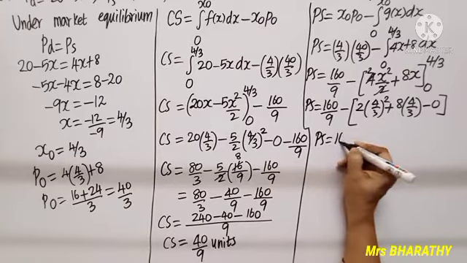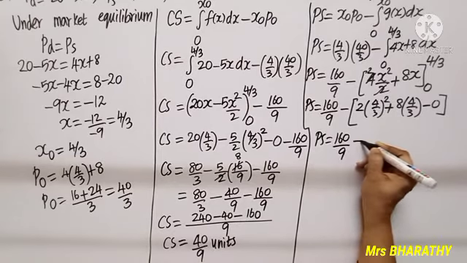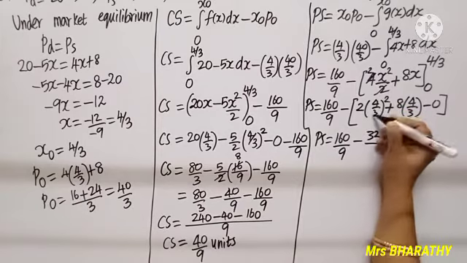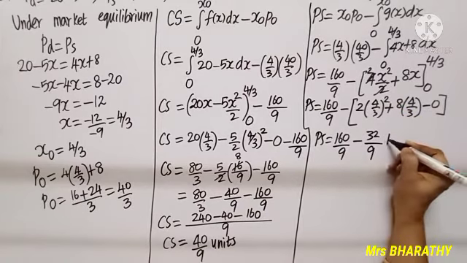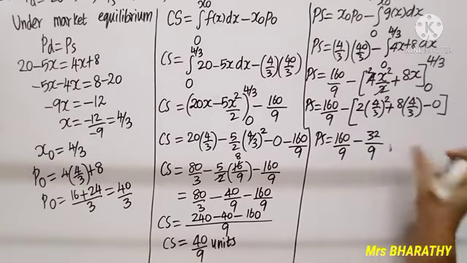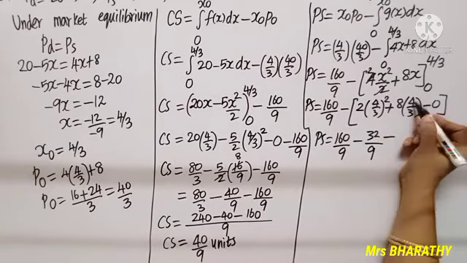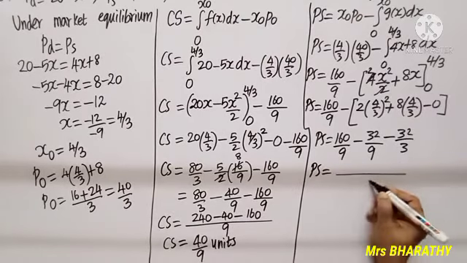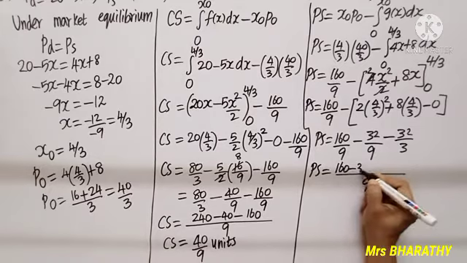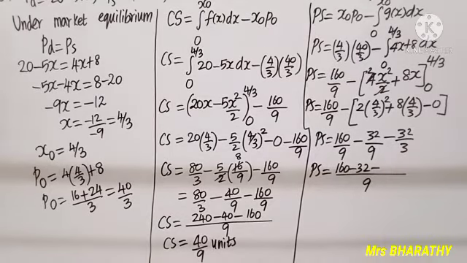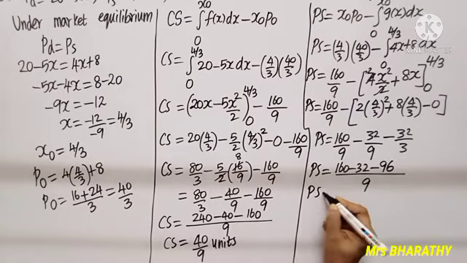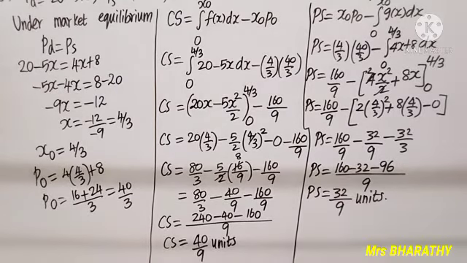As we simplify, it is 160 by 9 minus 16 into 2, 32 by 3 square 9 minus 8 fours are 32 by 3. Taking LCM 9, it is 160 minus 32 minus 3 times, that is 96. As we simplify, it is 32 by 9 units.